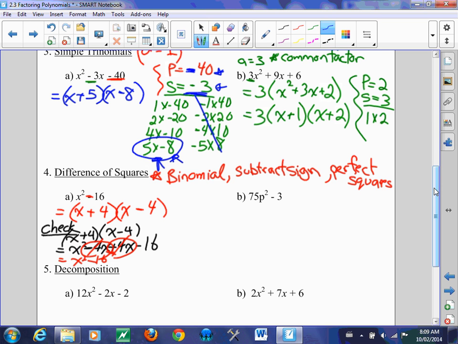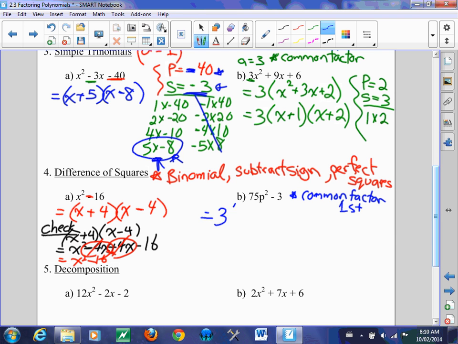Now, looking at B, as it is, I don't see perfect squares. But remember, we're always going to try to common factor first. So let's do that. What number goes into both 75 and 3? That is 3.